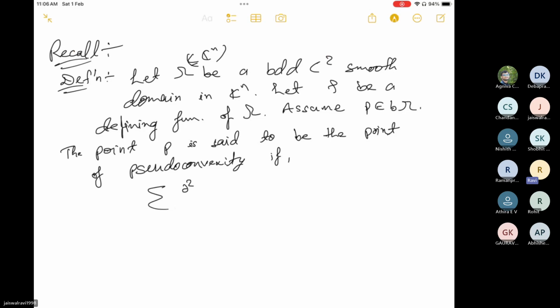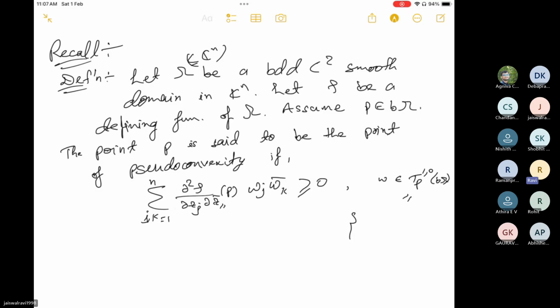the complex Hessian, the Levi form, del square rho by del z_j del z_k bar at P applied to w, is greater than or equal to 0, where j, k is from 1 to n and w is in the complex tangent space. So let us recall what the complex tangent space T_P^C omega is.